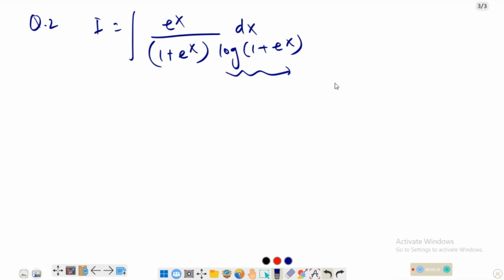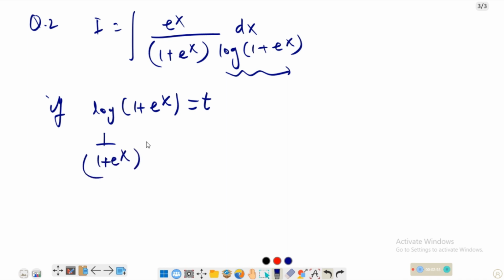After that, when I differentiate, there is 1 plus e to the power x, so differentiating both sides, 1 upon 1 plus e to the power x into e to the power x dx is equal to dt.